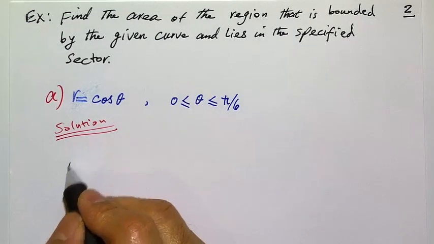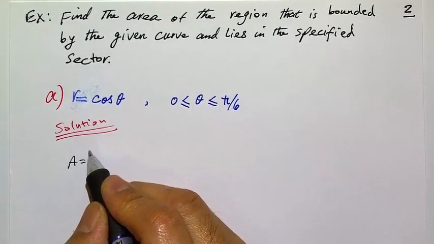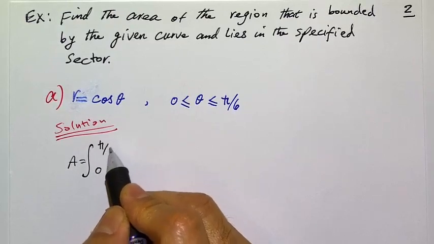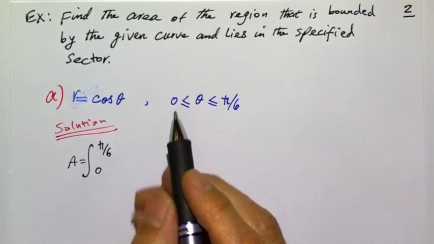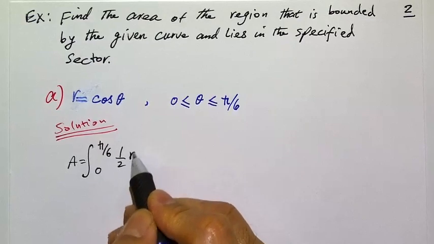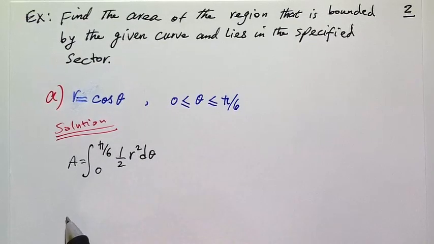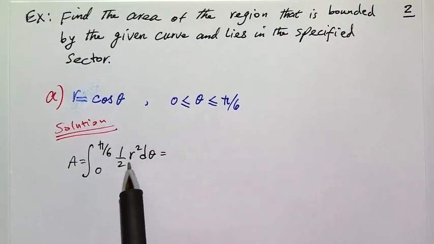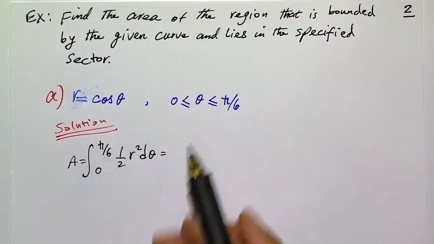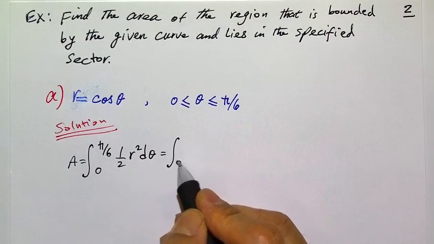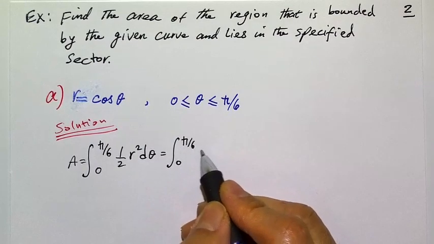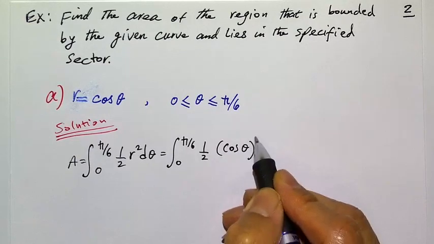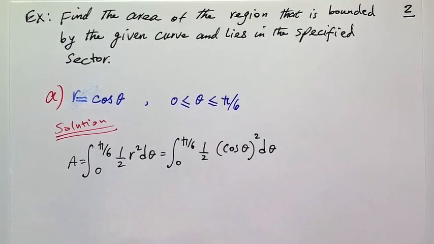All right, so we have the formula that says the integral from 0 to pi over 6 of 1/2 r squared d theta, right? That will give us, we're going to replace r with cosine theta, and then we're going to square that, d theta.